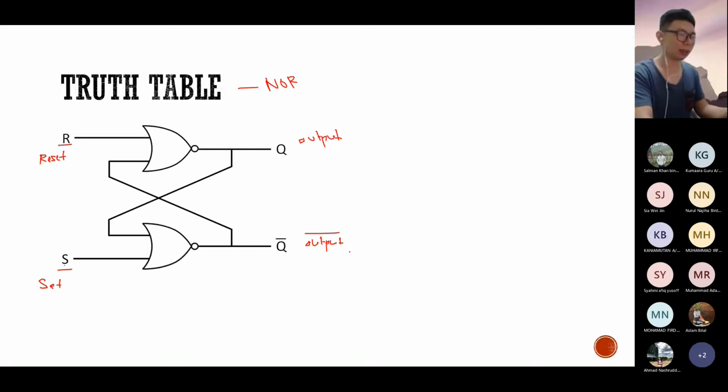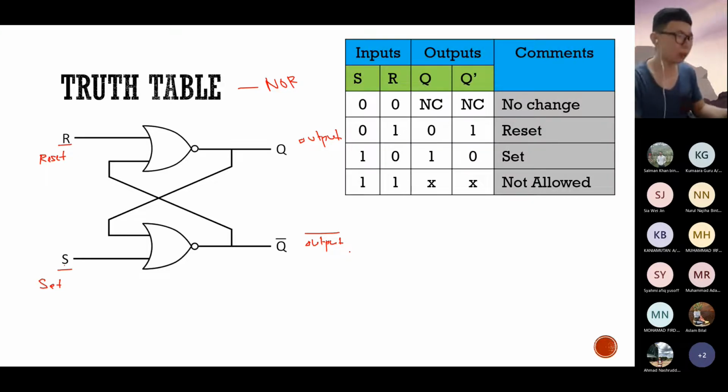Let's take a look at how the truth table looks like. From the beginning until now, we've been looking at truth tables, right? This is how a truth table of an SR latch looks like. A truth table tells you the input and the output. Let's take a look at the first row. Let's say we give the value 0, 0 to the SR latch. What is going to happen is that the output is put in a state of no change.